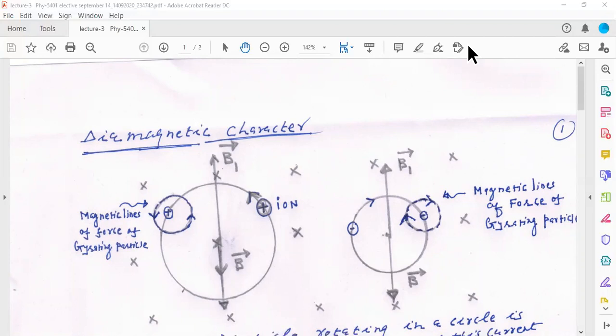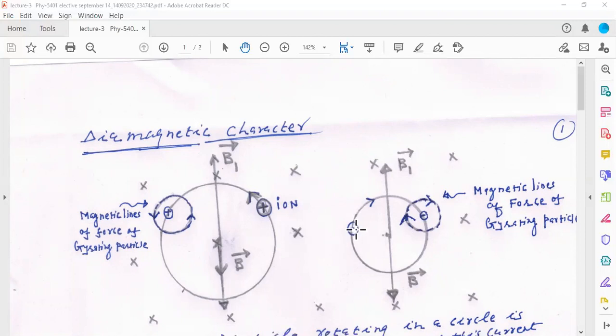So here you see a figure representing the direction of gyration of an electron and the direction of gyration of an ion. You can see that the magnetic field here is uniform and is going into the plane of the paper.